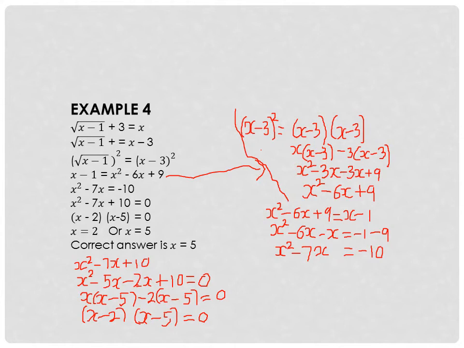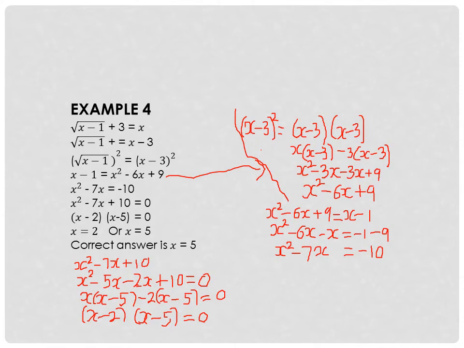So at this point, we find two numbers that when we multiply, we must have positive 10. And that same two numbers, when we subtract or add, we have to have negative 7. So now the two numbers are negative 5 and negative 2, because negative 5 times negative 2 will give us positive 10, and negative 5 minus 2 will give us minus 7.